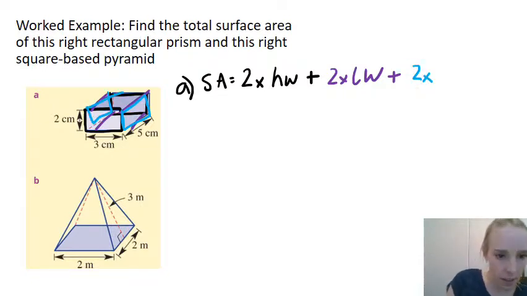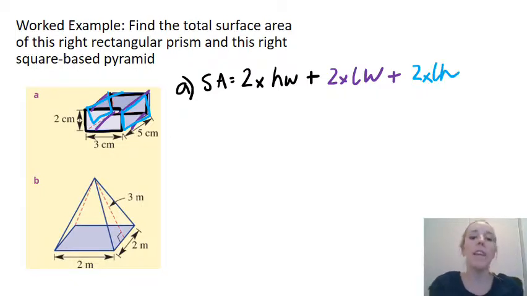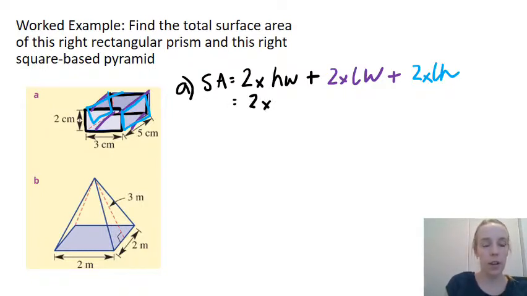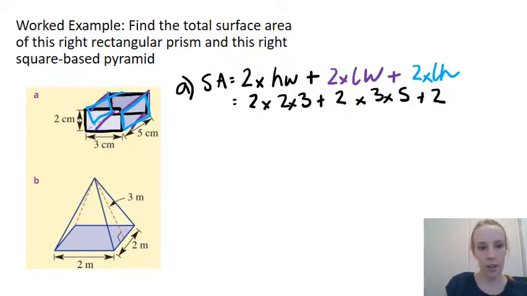Oh no, I've already done that one. Length times height, sorry. Length times height. There we go, so I can fill those in. That's going to be 2 times 2 times 3 plus 2 times 3 times 5 plus 2 times 2 times 5.